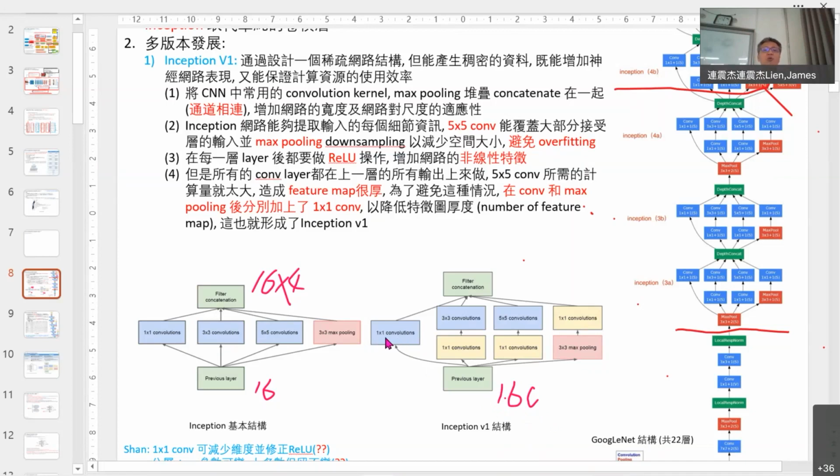Actually, this is not just 1 by 1. It is 1 by 1 times this one, so the filter is 1 by 1 by 16 channels. It crosses over the 16 channels, times the number of filters.